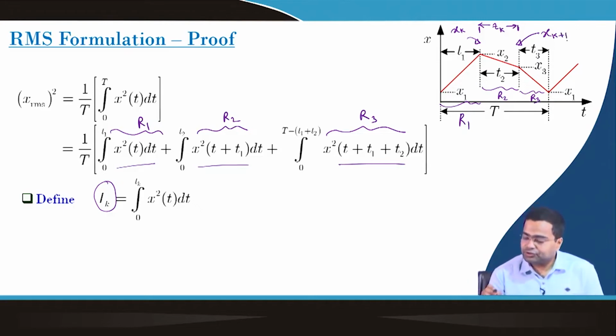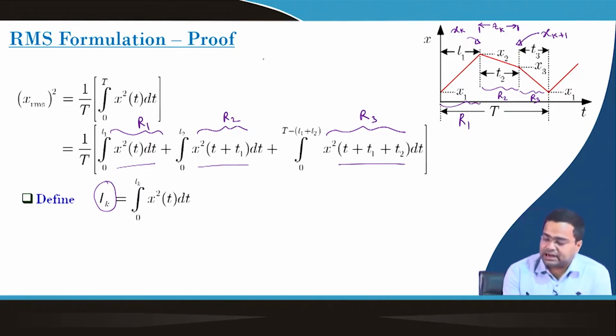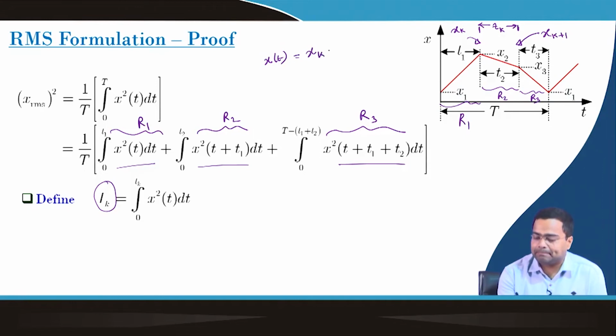What is the equation of this waveform during this interval? It will be xk plus the slope of this waveform, mk t, and this is during the interval t equal to 0 to tk.